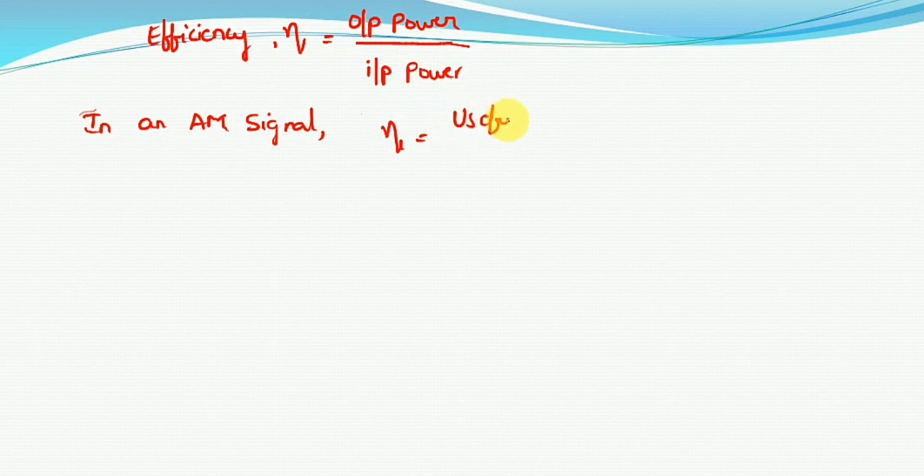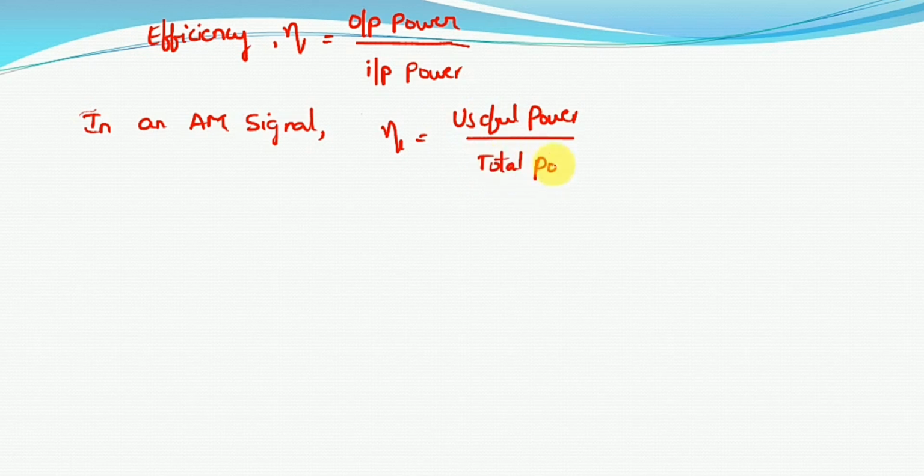This efficiency definition will vary based on the circuit explanation. In an AM signal, this efficiency is defined as the ratio of useful power to the total power.